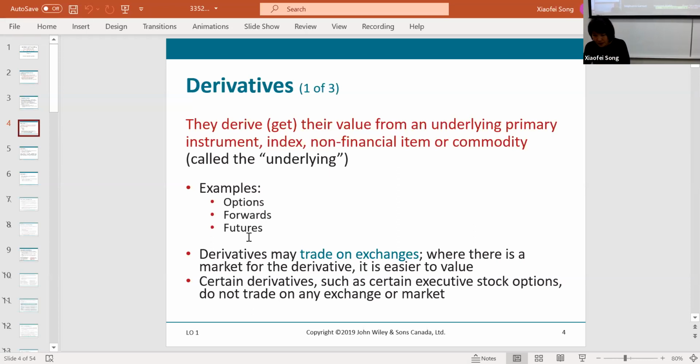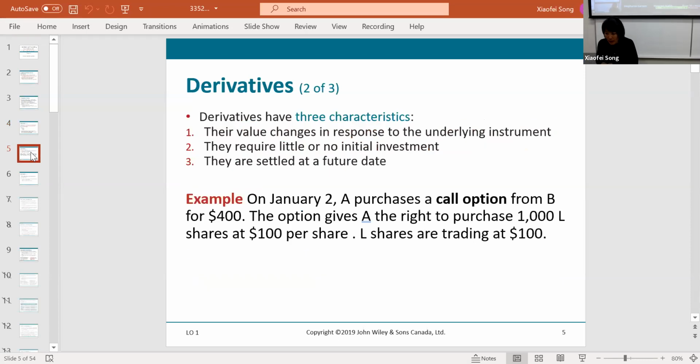Derivatives have values, and if they are traded, the value is easy to determine. You can just go to the market. If it's not traded, the value is a little bit difficult to determine. Now, the characteristics of derivatives: the value changes in response to the underlying instrument.